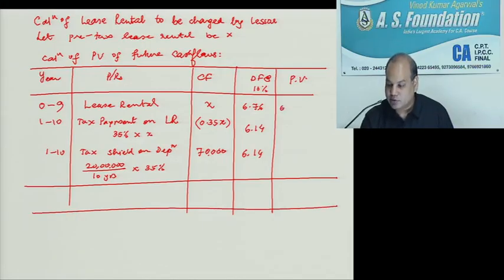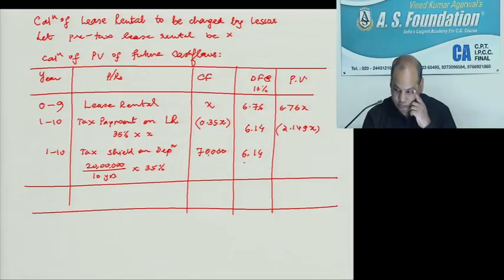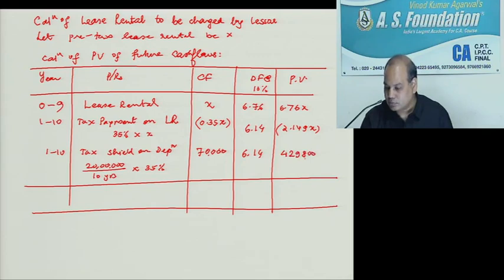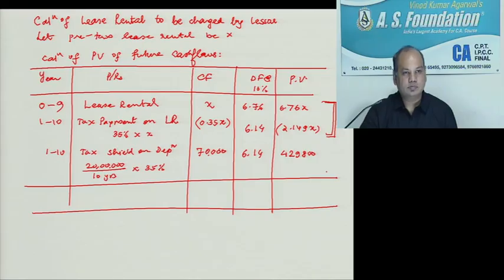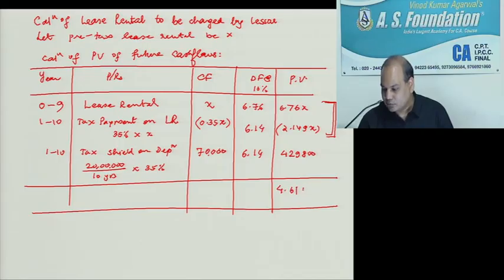So 6.76x. Multiply this number, 0.35x into 6.14, 2.14, 9x bracket. 70,000 into 6.14, 4 lakh 29,800. First you add these two numbers: 4.611x plus 4 lakh 29,800.